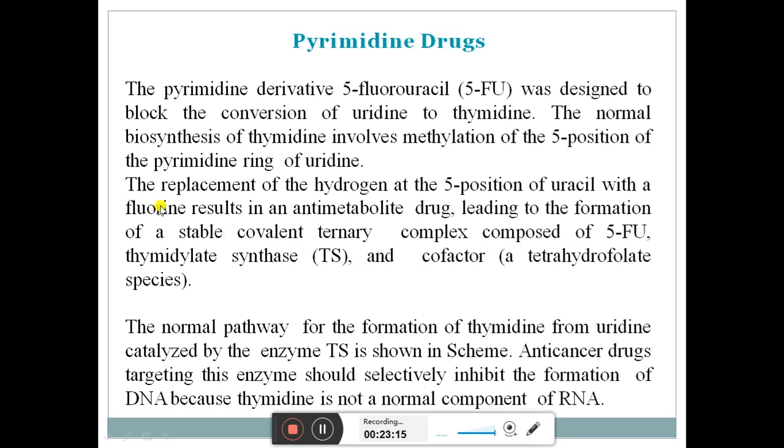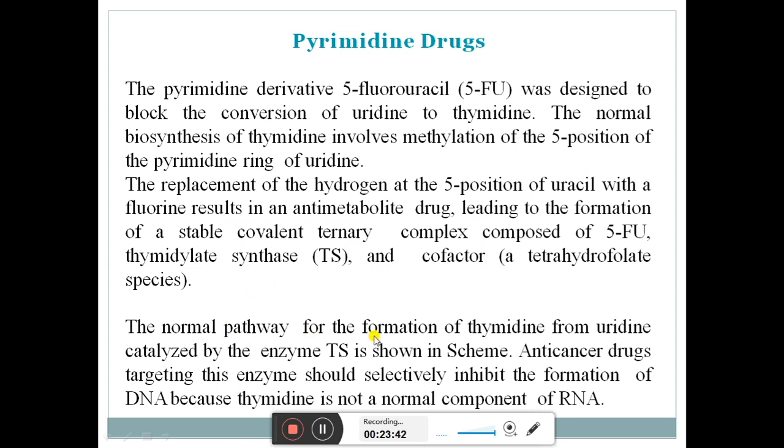So this replacement of the hydrogen at the 5th position of the uracil with a fluorine results in an antimetabolite drug, which leads to the formation of the stable covalent ternary complex composed of 5-fluorouracil, thymidylate synthase and the various cofactors, that is tetrahydrofolate.